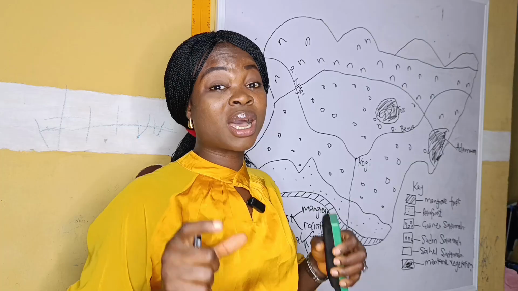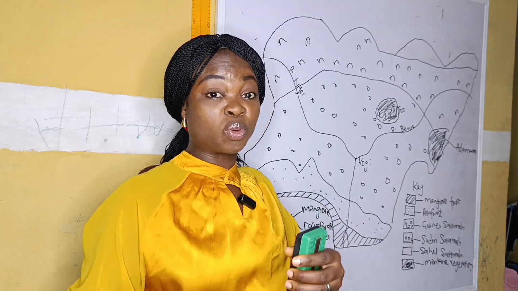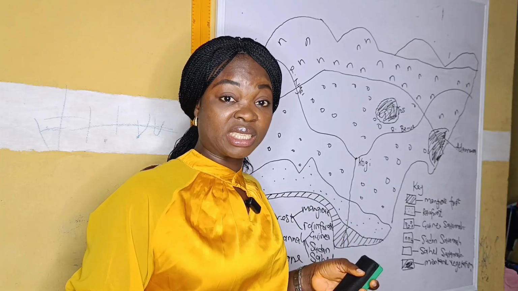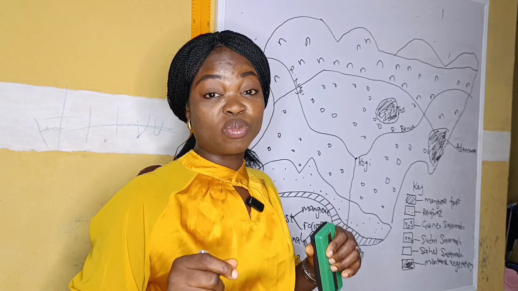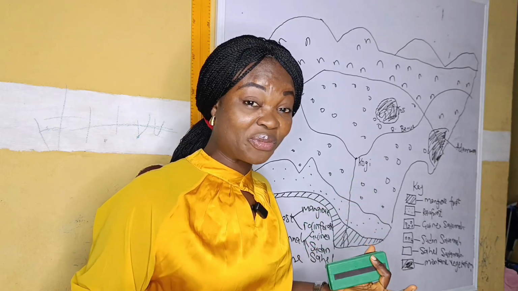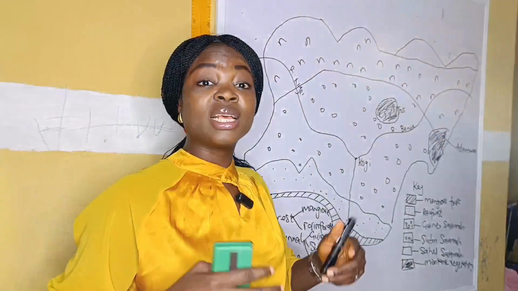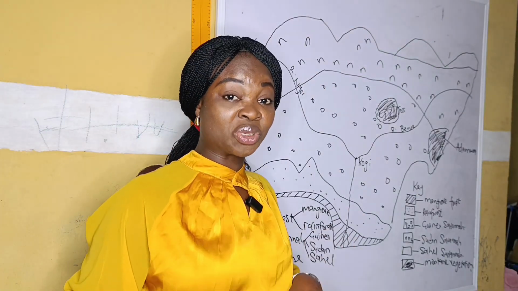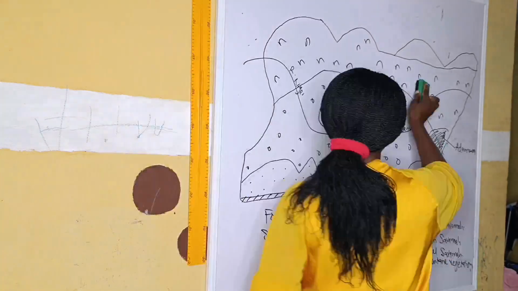Montane vegetation also acts as windbreaks when there are strong winds, as it protects plants and settlements behind or beside it. Tourism and recreation can be carried out on montane because of the beautiful sight of montane vegetation. Okay? Let's talk about the problems as well as solutions associated with forest exploitation.